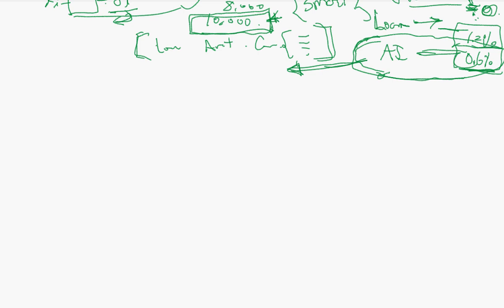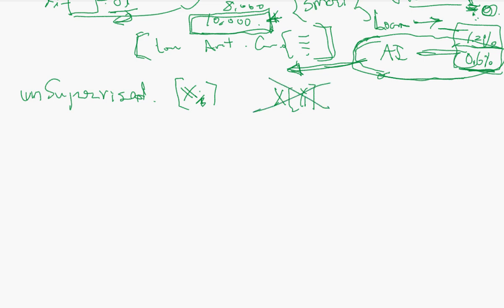Okay, so that's supervised. There is another way you can think of to train: unsupervised. That means you have a bunch of X vectors, and no Y vectors.